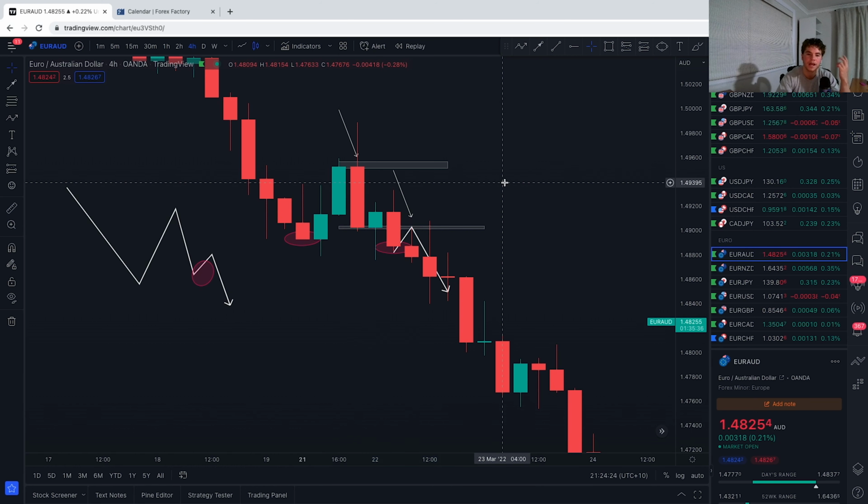Now, the reason I say I want to trade from this level and not this one, okay, is because often price will break below here, price will push back, okay, back to this level, and it'll present an entry. So let's just get rid of this. It'll present an entry.